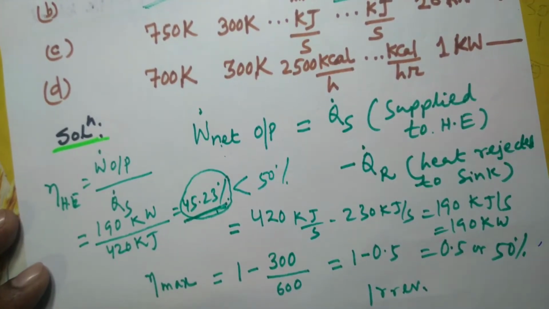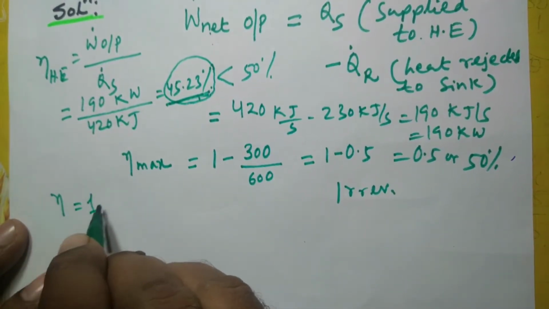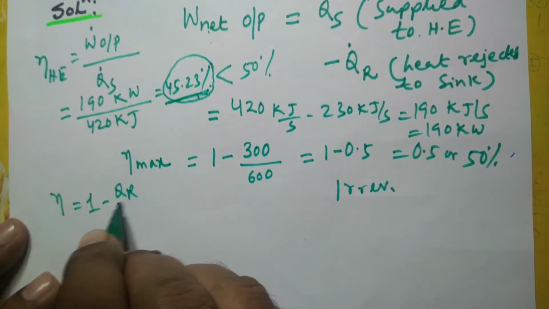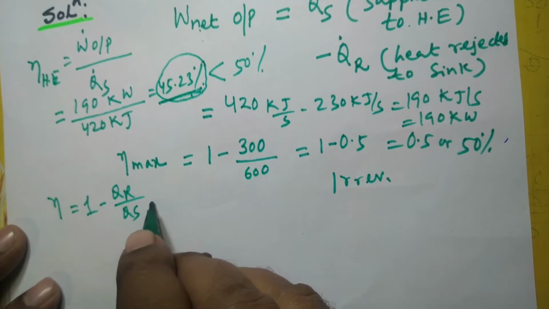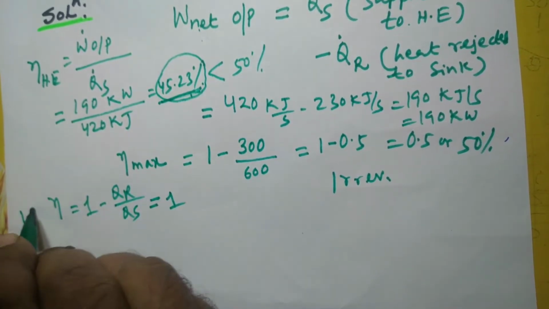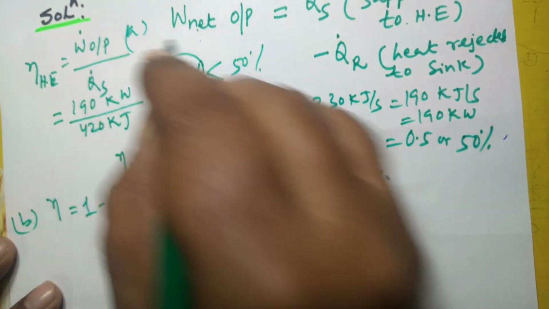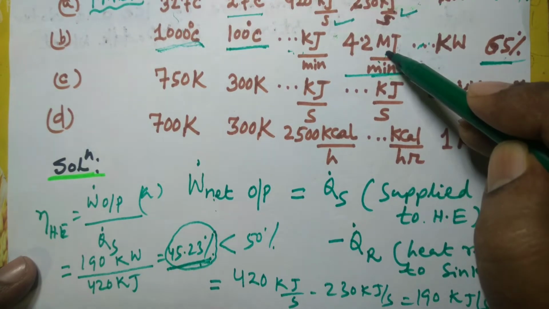Efficiency can also be expressed like this: 1 minus heat rejected by heat supplied. So that is equal to 1 minus the heat rejected. In case of B, the heat rejected is 4.2 megajoule per minute.